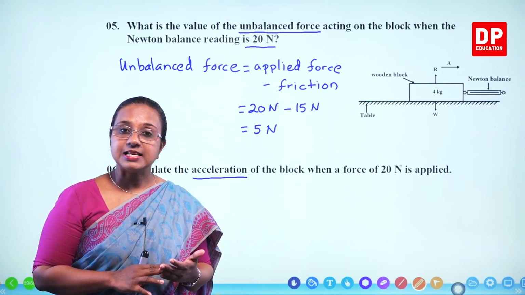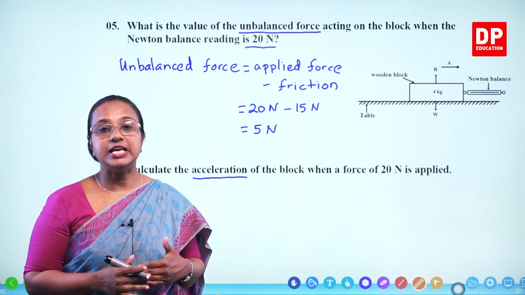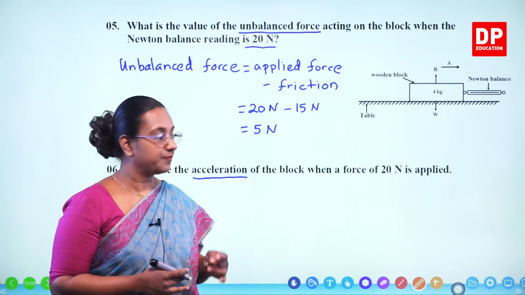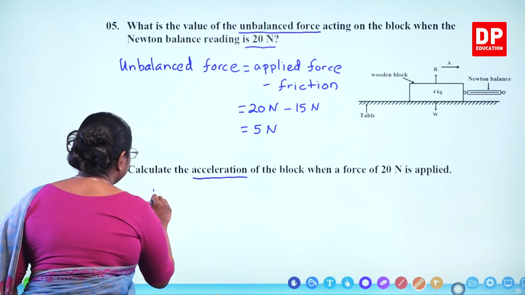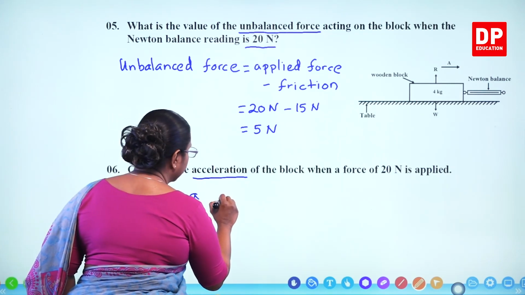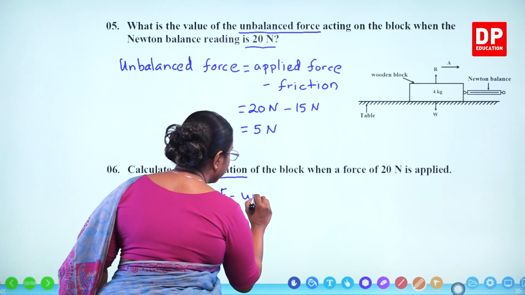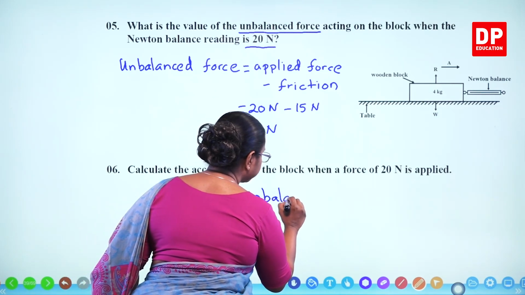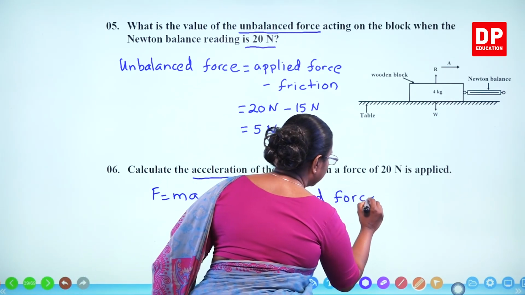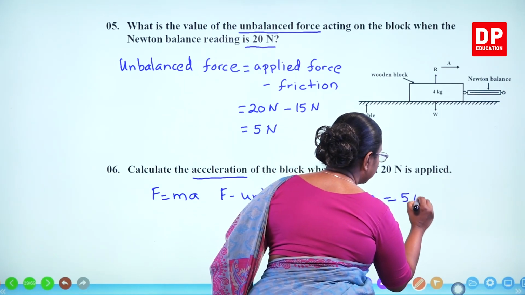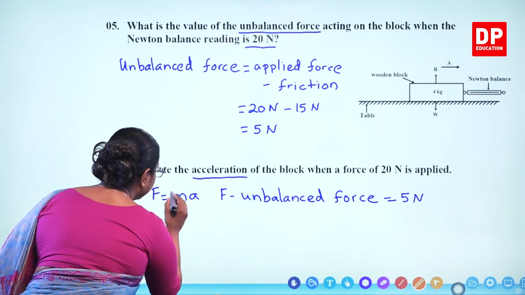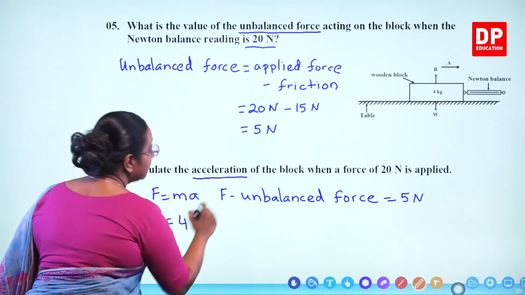So to find acceleration, we have to use the equation for Newton's second law of motion. That is F equals ma, and F is the unbalanced force that is equal to 5 Newton. So here we can calculate, mass is given to you.